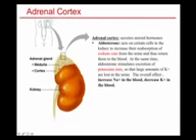Let's look at the cortex first. This cortical layer of the adrenal gland produces your steroid hormones. So the steroid hormones we're going to take a look at are aldosterone and cortisol. Aldosterone acts on cells in the kidney to increase their reabsorption of sodium from the urine and return it to the blood.